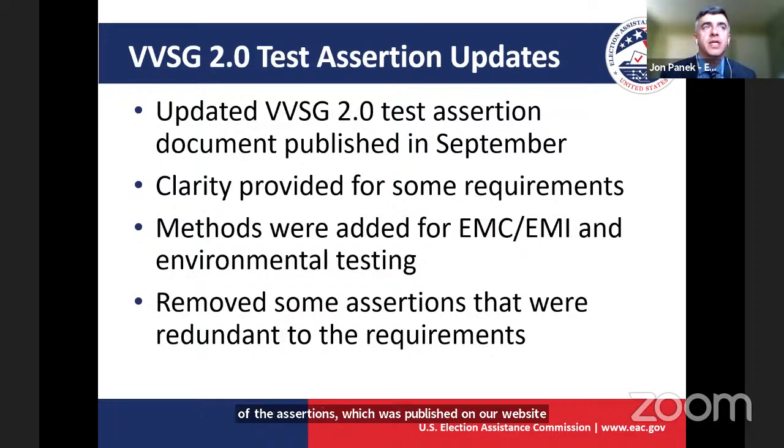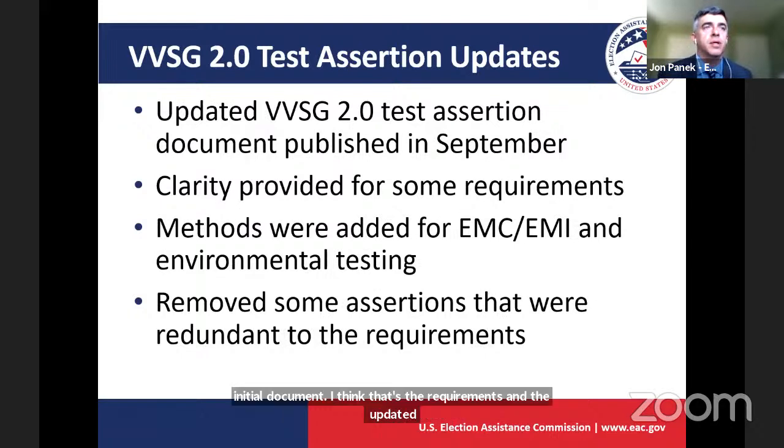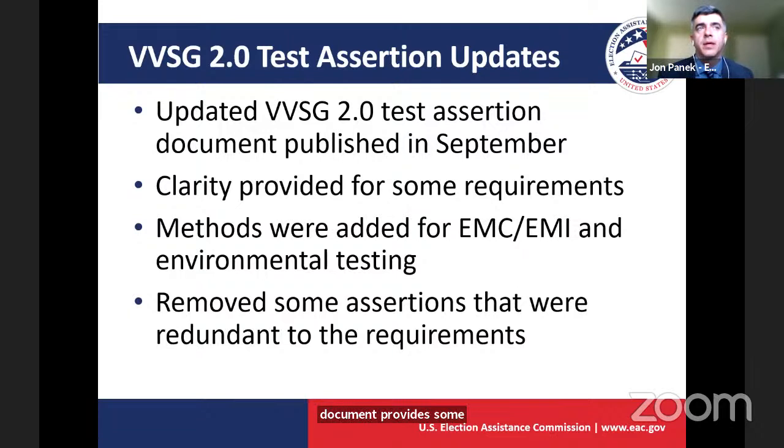We performed a sweep of the test assertions in the initial document against the requirements, and the updated document provides some clarity in some of the requirements where that was lacking in the initial assertion document. We added some test methods for items such as EMC, EMI testing, and environmental testing.